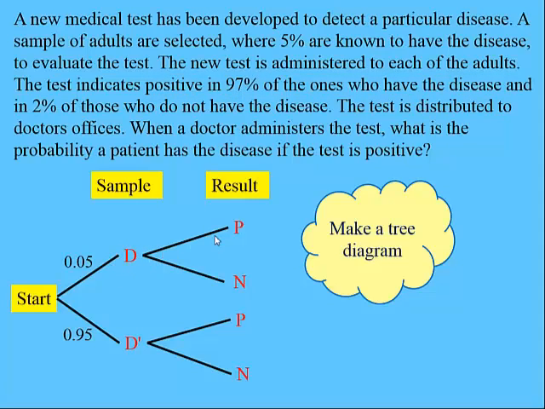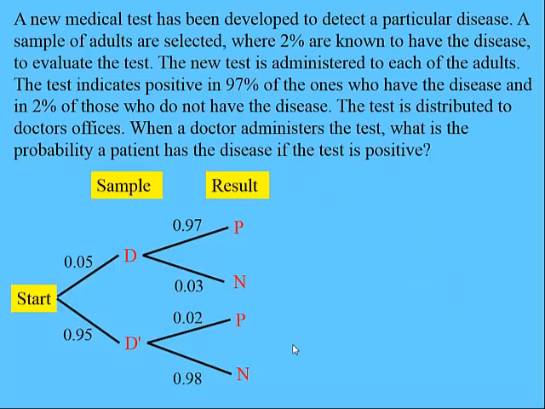It shows positive in 97% of those. It goes on to say that the test also shows positive in 2% of those who do not have it. So these people who do not have the disease, the test still shows positive in 2%. Just like before, in the top one, if this is 97, the other one has to be 3. If this is 2, the other one has to be 98. So there's the proper tree diagram.